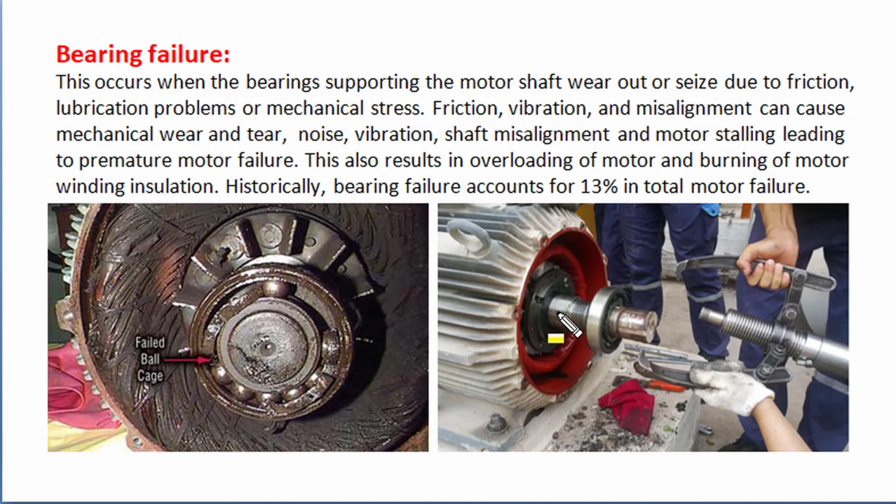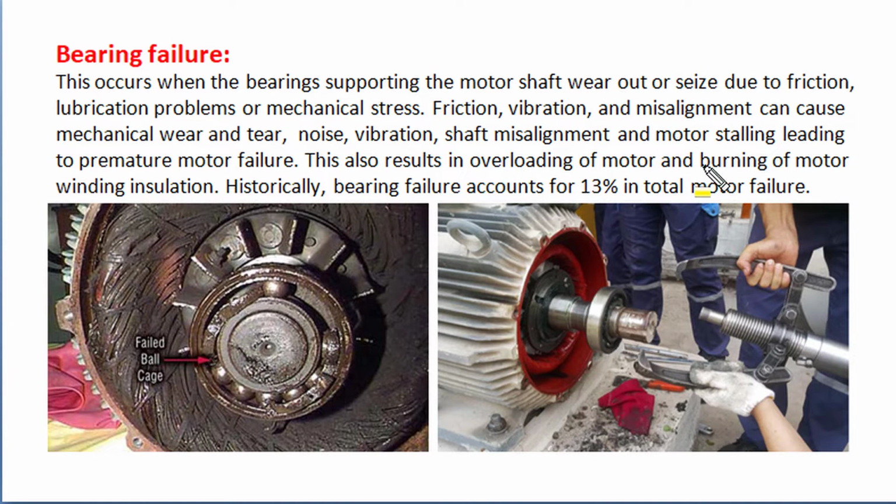Bearing failure in an induction motor takes place when the bearing supporting the motor shaft gets dried out, wears out, or even seizes due to friction or lubrication problems or mechanical stresses or unbalanced conditions.